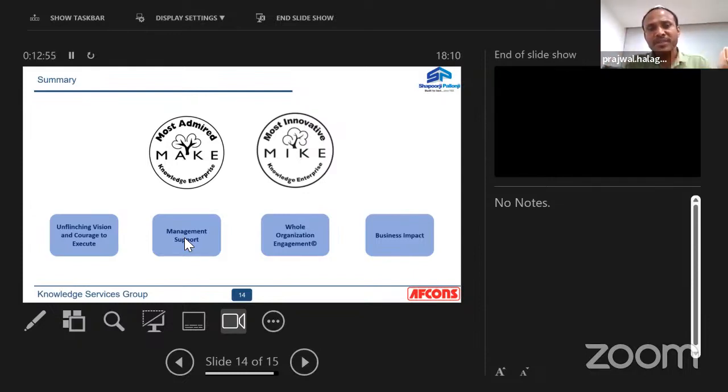As for business impact, in most of our projects we operate on three metrics. The first is executing the work, however difficult or challenging it is. The second is how we are able to create a repository of knowledge from the project. The third is how we are able to get business opportunities.